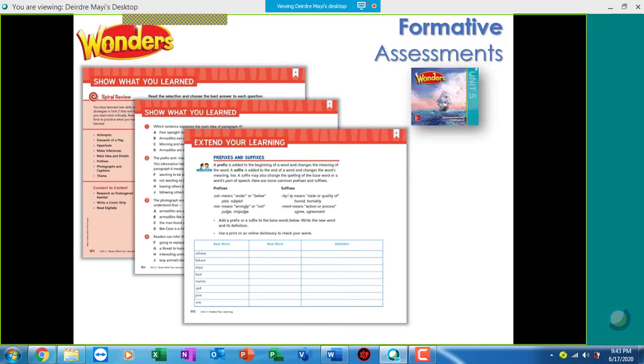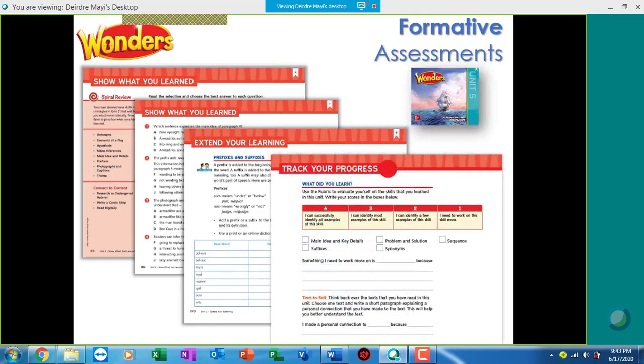They have an opportunity to extend their learning. Here, students are working with prefixes and suffixes. And we want students to be accountable for what they're learning. So they themselves will track their progress and talk about their learning.